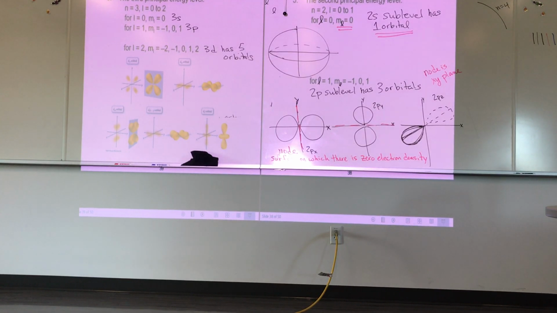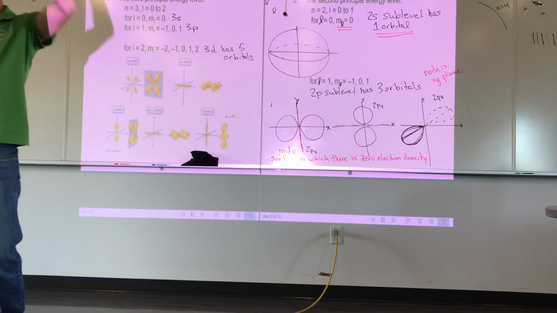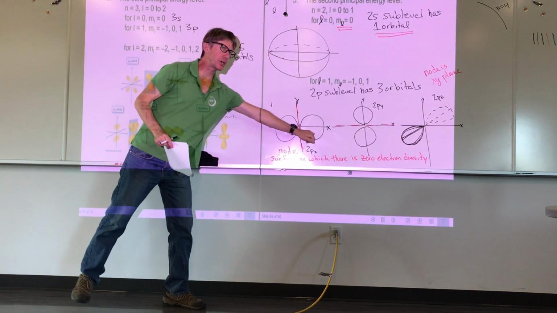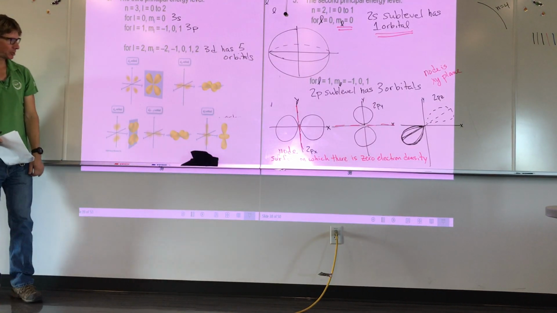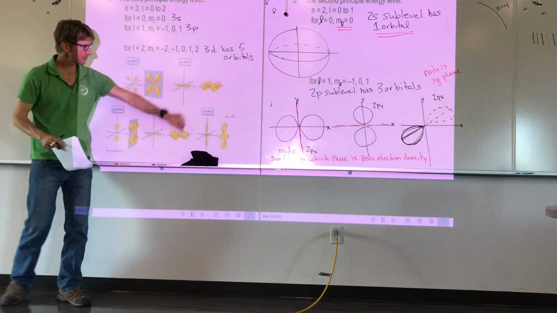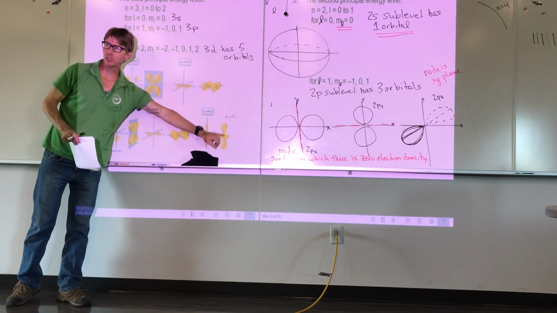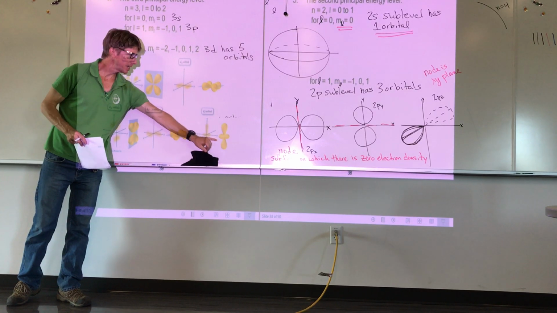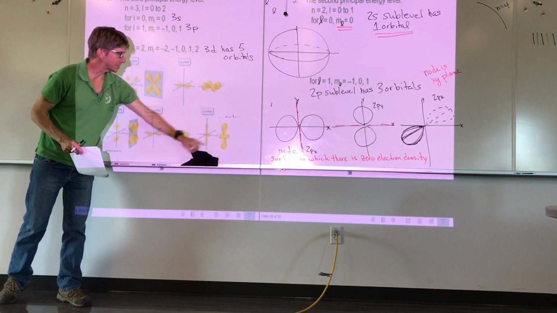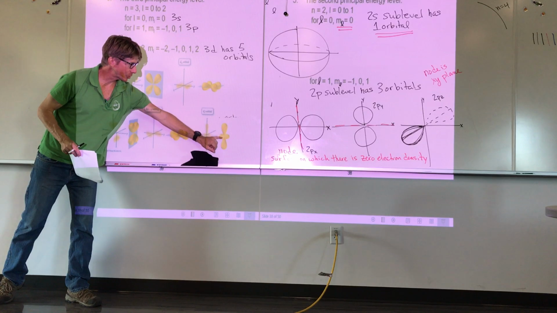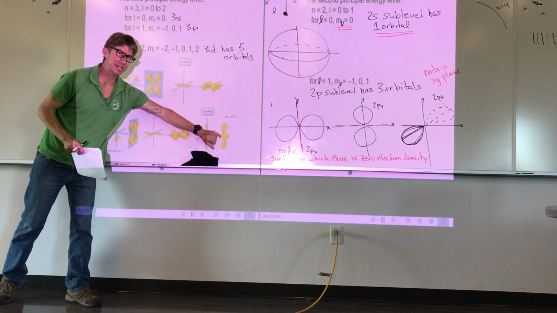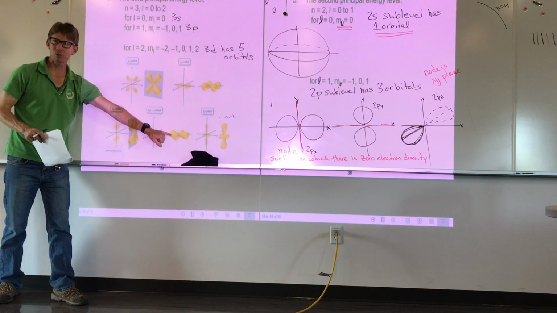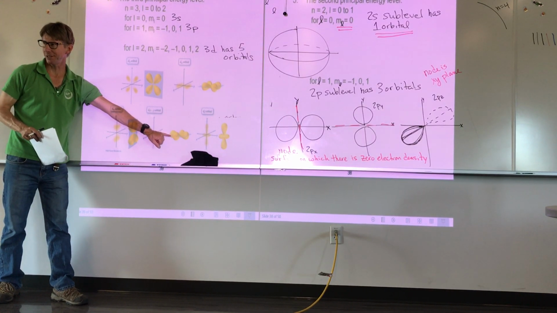You'll note that an s orbital has a sphere and 1 part. A p orbital has 2 parts, and a d orbital, well, most of them have 4 parts. One of them has 2 parts and a donut. But what I would suggest to you is that having 3 parts that are slightly more complex in shape is roughly equivalent to the complexity of the 4 parts here.